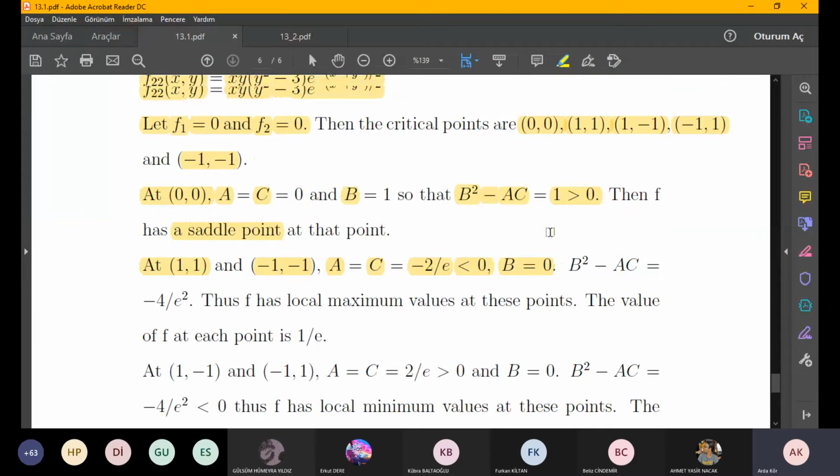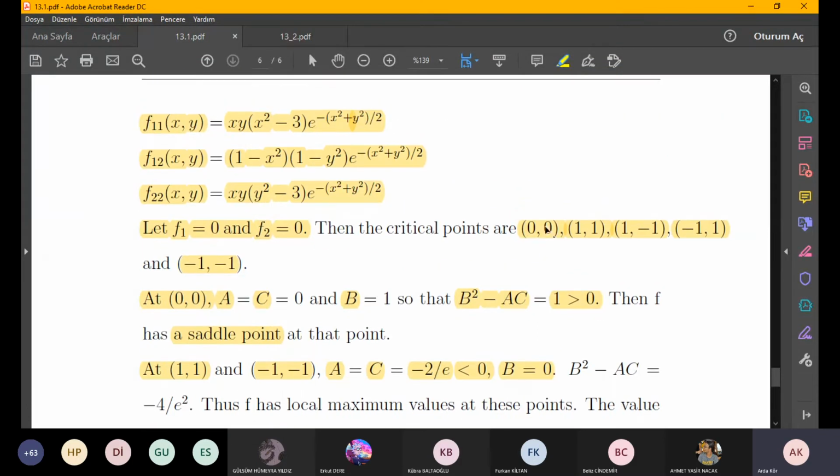So here, let's see B. For (1,1), f12(1,1) will be B, right? Let's see just this one critical point.